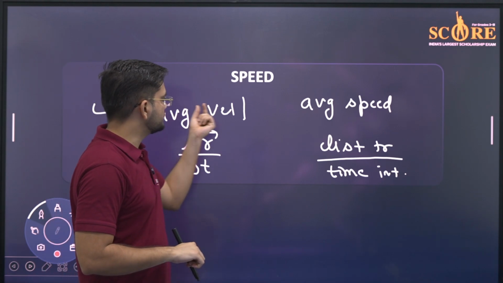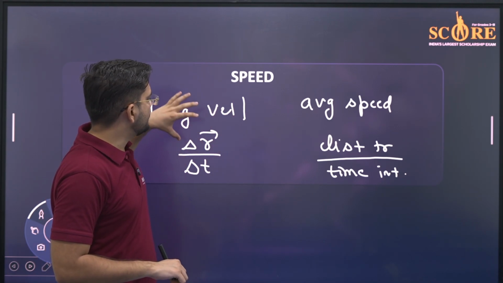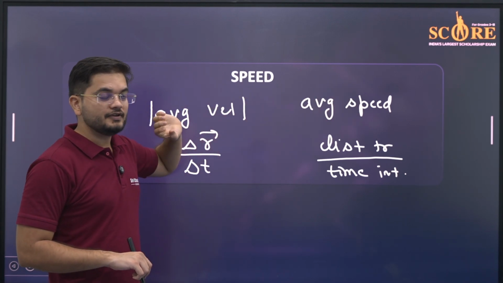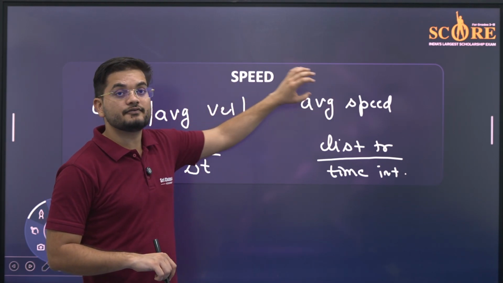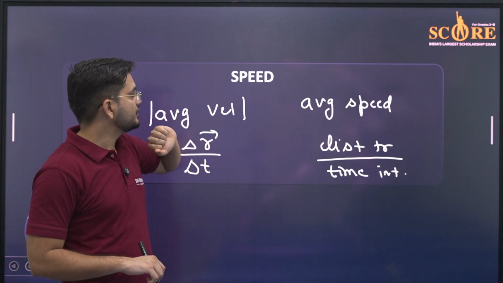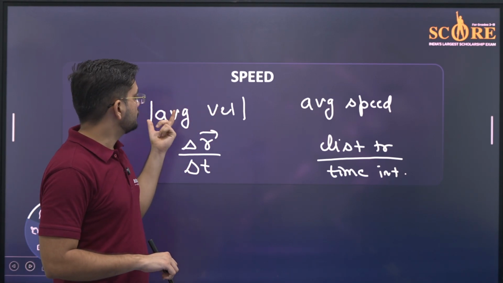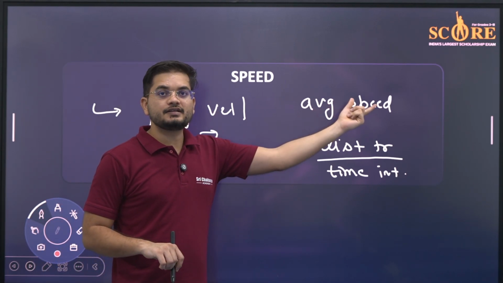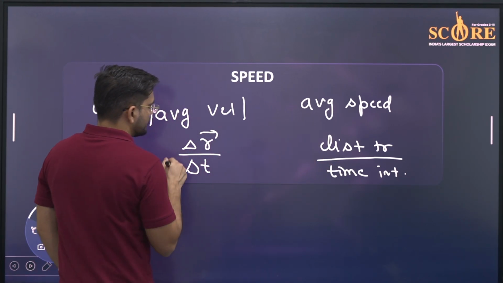we can use the mod of average velocity, because we cannot compare a vector with a scalar quantity. We can compare vector with vector, and scalar with scalar. Got it? So I took magnitude. So for the magnitude of average velocity and average speed, we have to see the comparison. Delta t is the same.